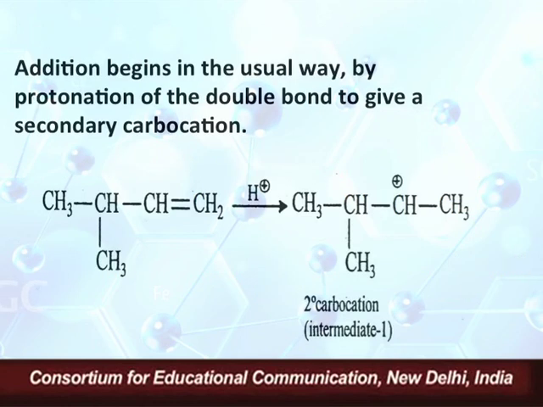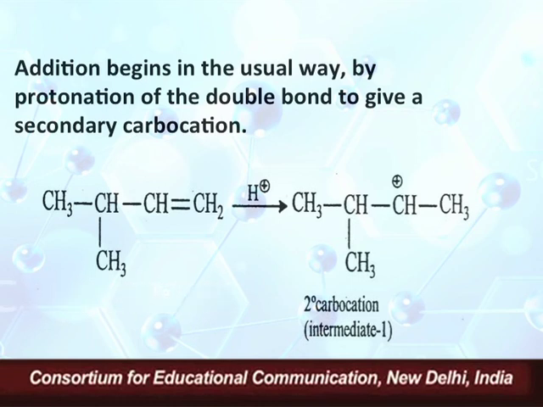In this case, the addition begins in the usual way, by protonation of the double bond, giving rise to a secondary carbocation. This is the first intermediate.